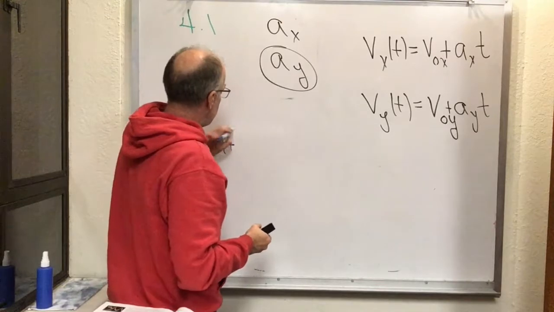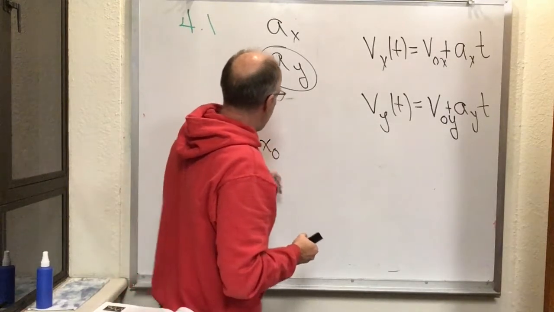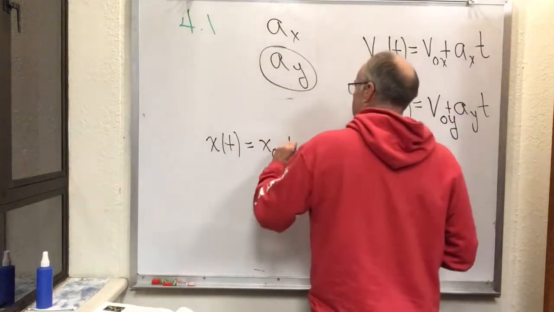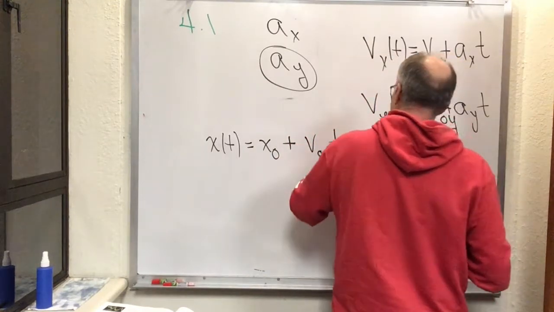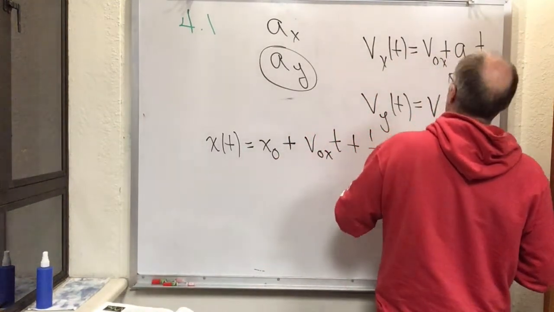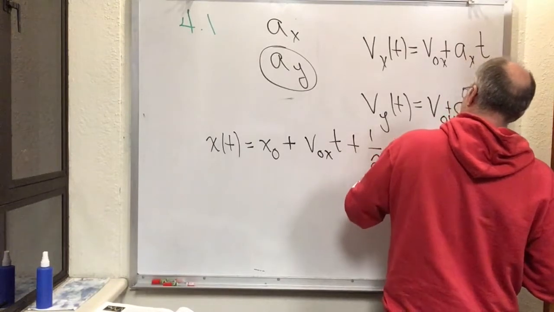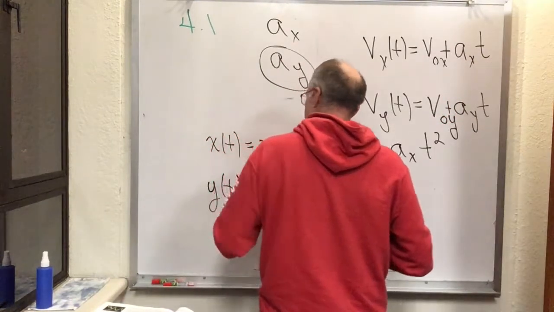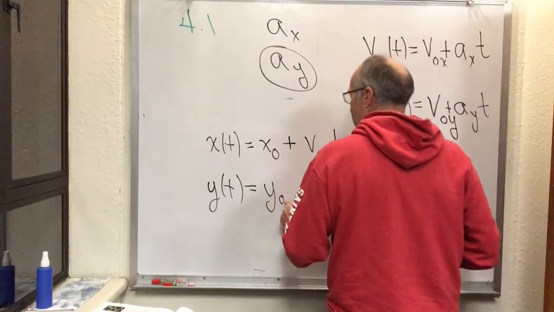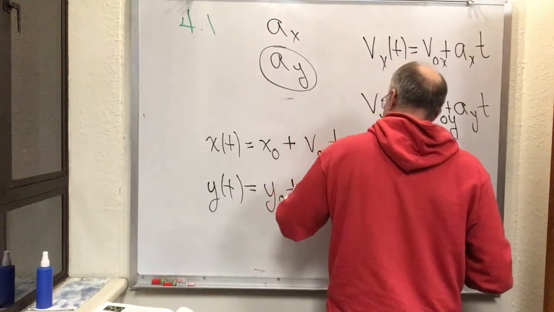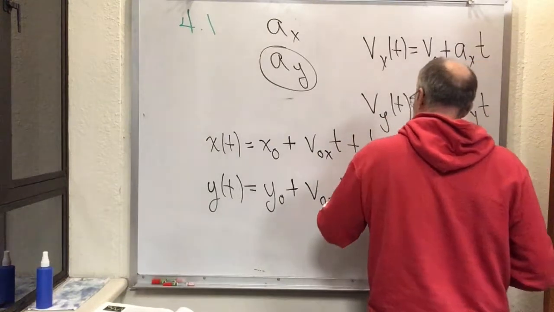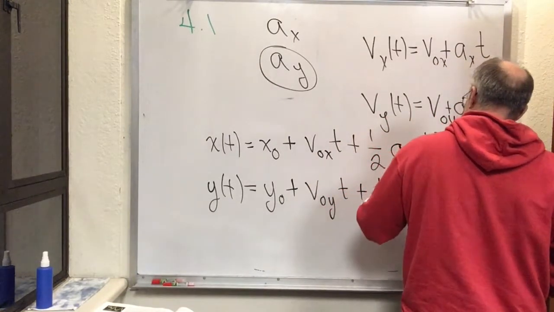X of t is equal to x naught plus, there's a term that's due to the initial velocity, and then there's a term that's due to the ax. Ditto, y of t is whatever y was at t equals 0, plus v naught y times t, plus 1/2 ay t squared.